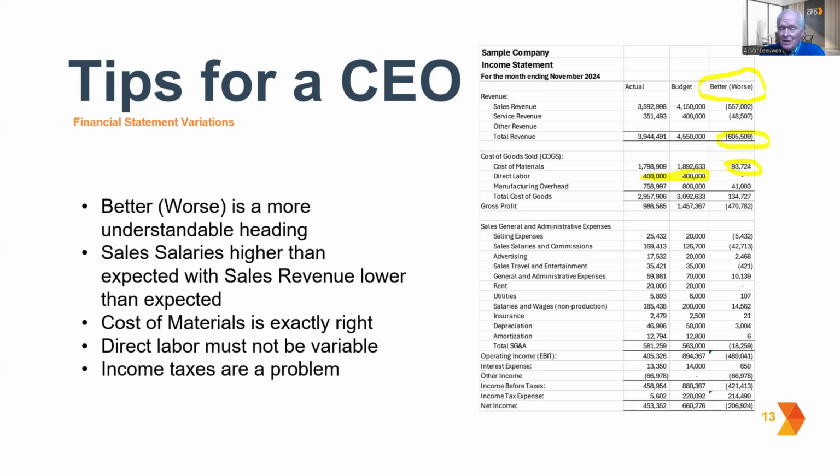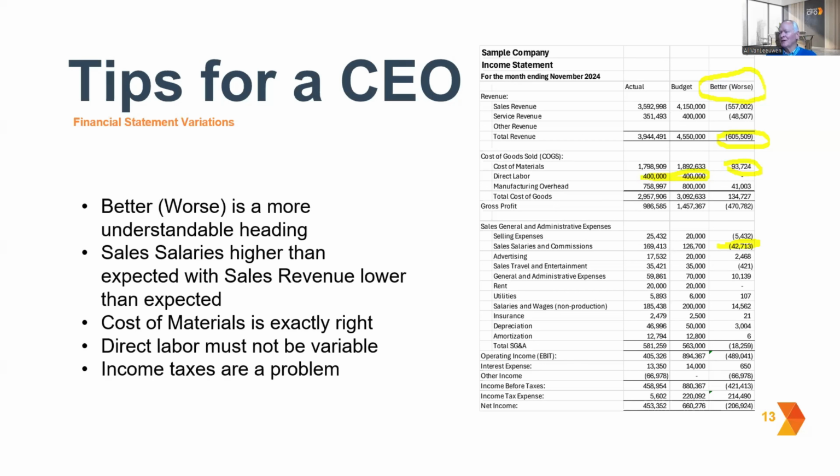That's important to know as you're beginning to price out products or determine the capacity of your manufacturing plant or your service providers. So in this case, there's a budget versus actual report to be able to help you see where things are going better or worse. And one of the items here, boy, it sure is funny that the sales salaries and commissions have spent a lot more money, or you're doing worse.